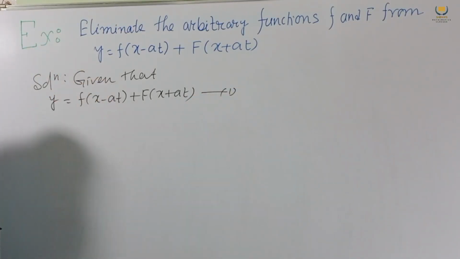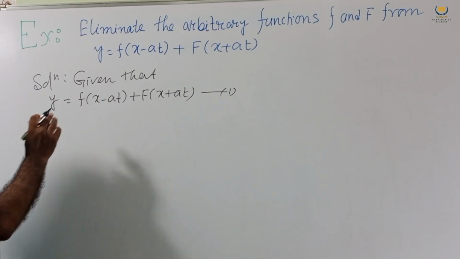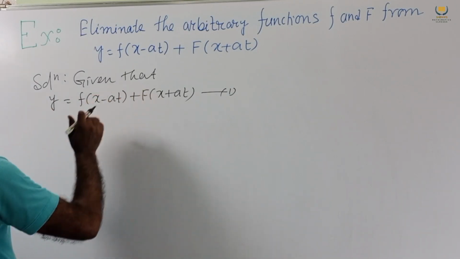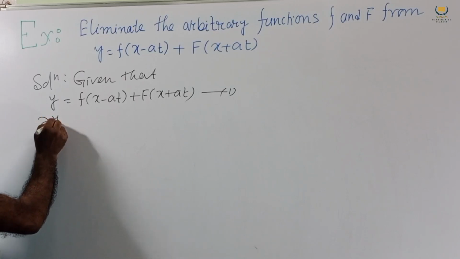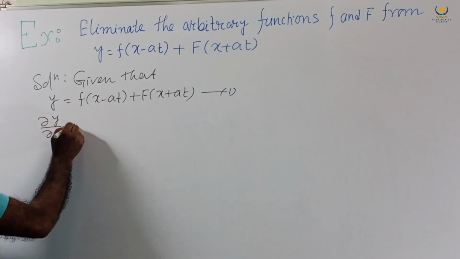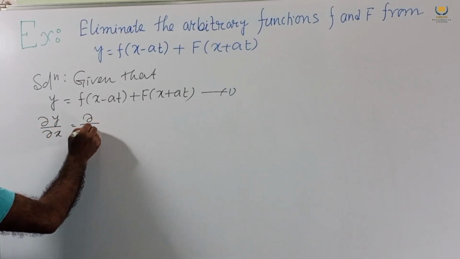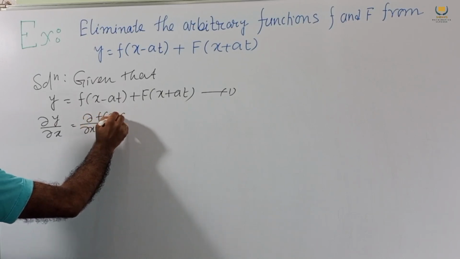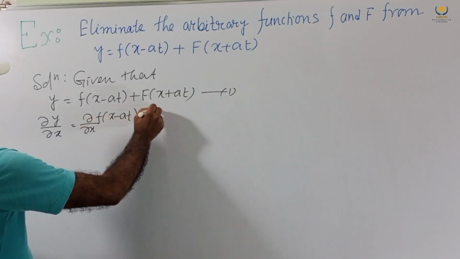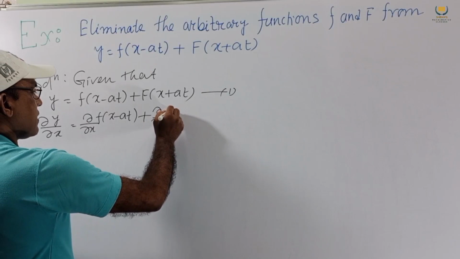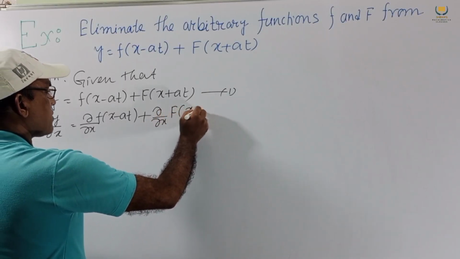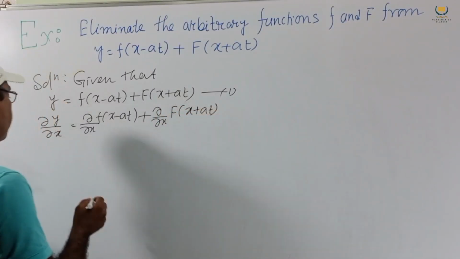Now we differentiate partially with respect to x. Here x and t are given. So ∂y/∂x is ∂/∂x of f of (x minus at) plus ∂/∂x of F of (x plus at).